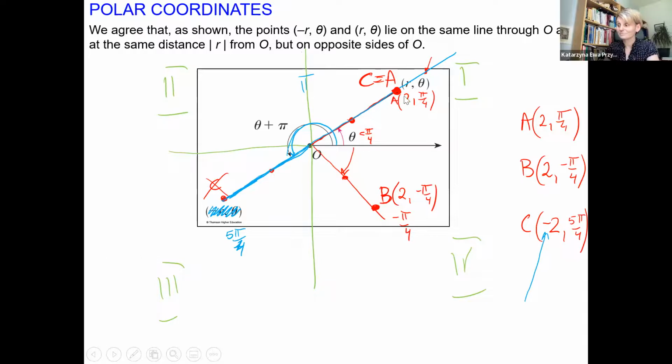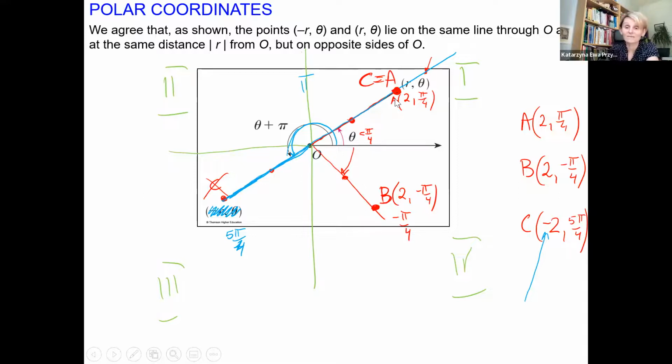I can say this angle is 45, or 45 plus 360, 45 plus another 360. So I can use infinitely many representations of that angle if we don't make any restriction. Or I can use an angle from the third quadrant and put a negative in front of the R. Then I have infinitely many representations for 5 pi over 4, and the negative distance will be placed on that.